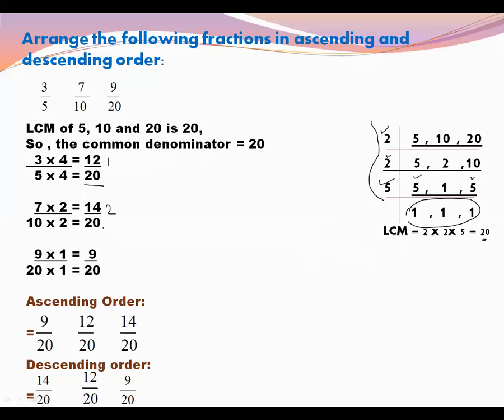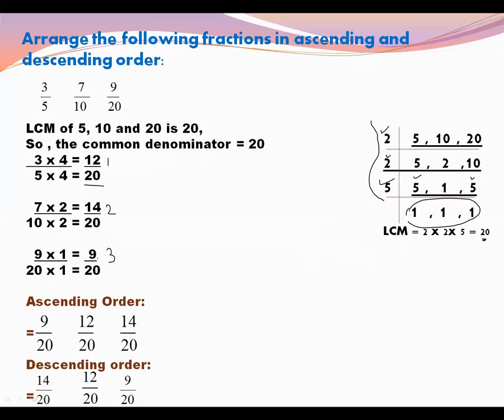Now I'm going to take the last fraction and then raise that as well. Now look over here. 9 upon 20 already has the denominator 20. It means I'm going to multiply with 1 so that my denominator will not change. So 20 ones are 20 and 9 ones are 9. This is my third fraction.